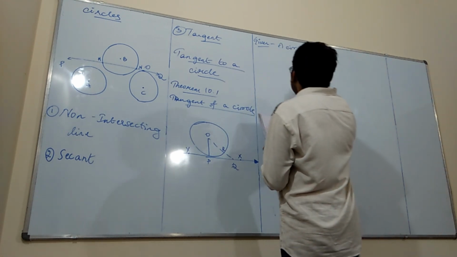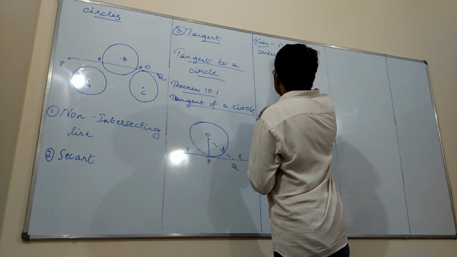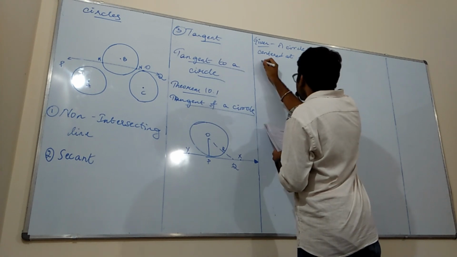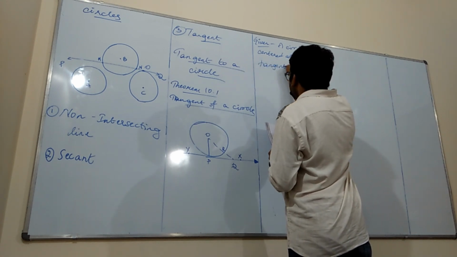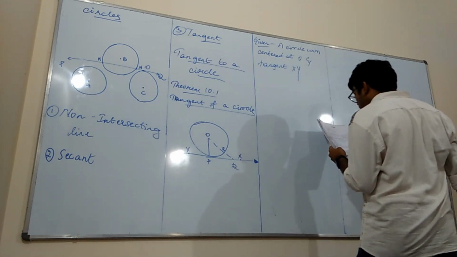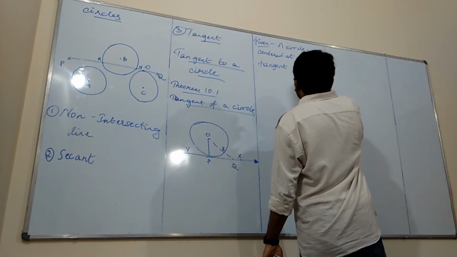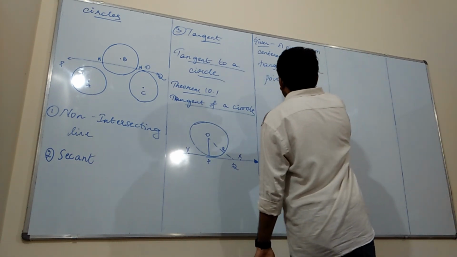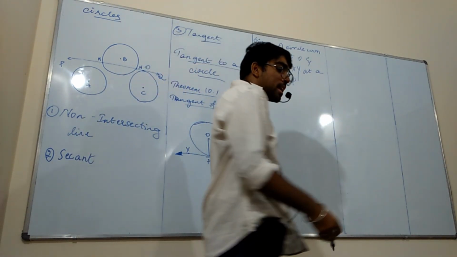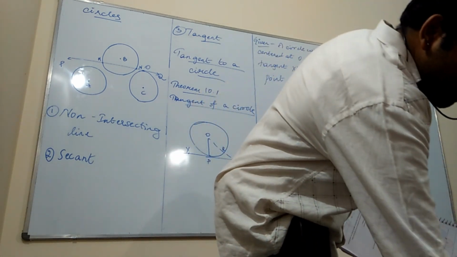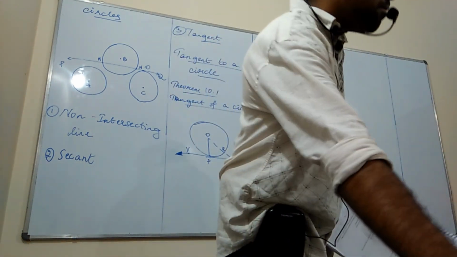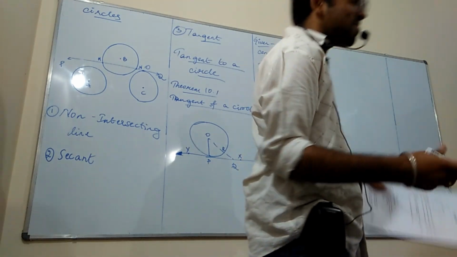Okay. A circle with center at O, and tangent XY at the point P. This is the point of contact. On the other side.